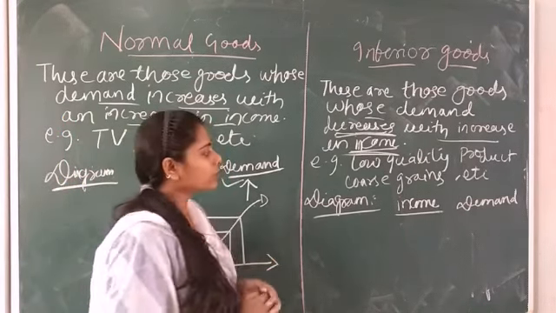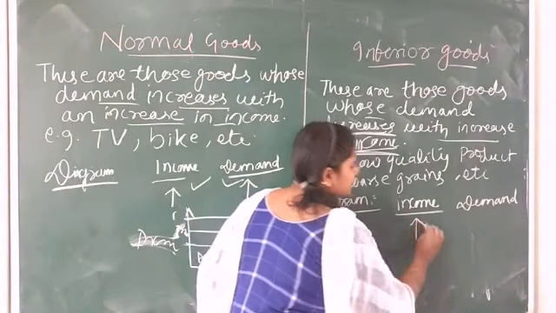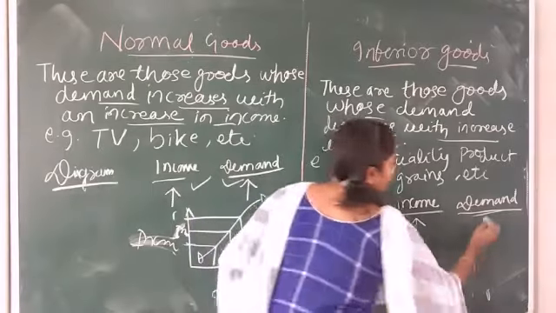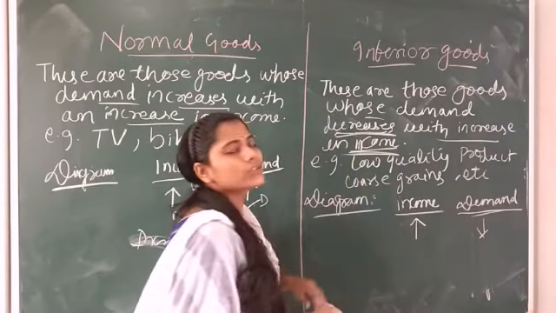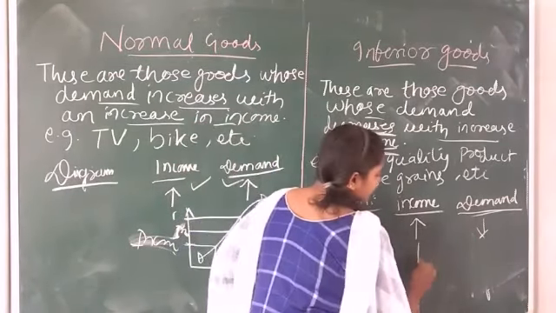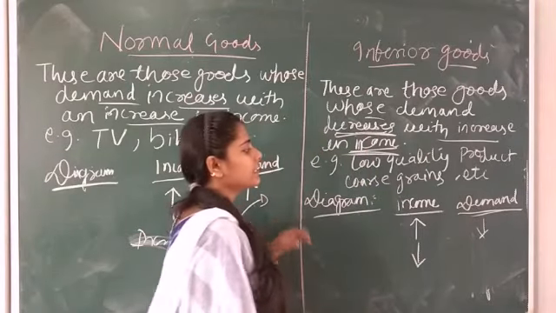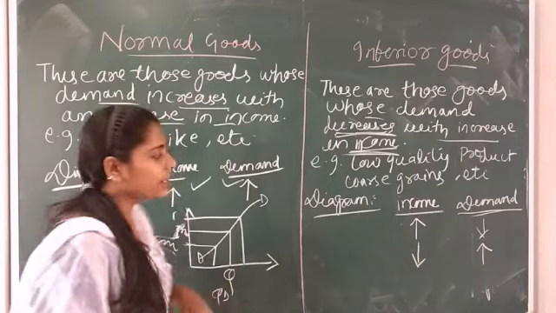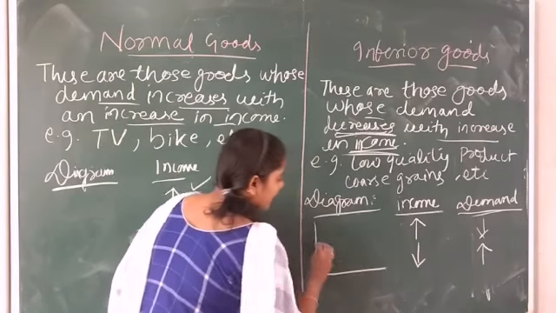In your inferior goods, if the income increases, then the demand for the inferior goods will decrease because we switch over to the superior product. Similarly, if your income decreases, then your demand will increase. So here the diagram will be like this.